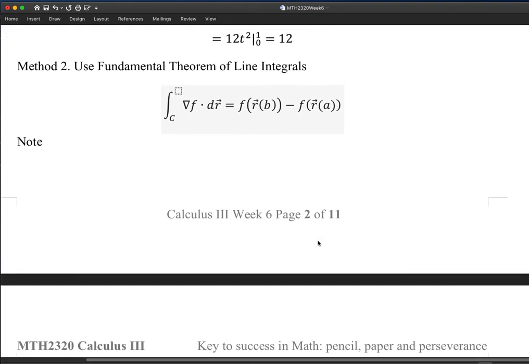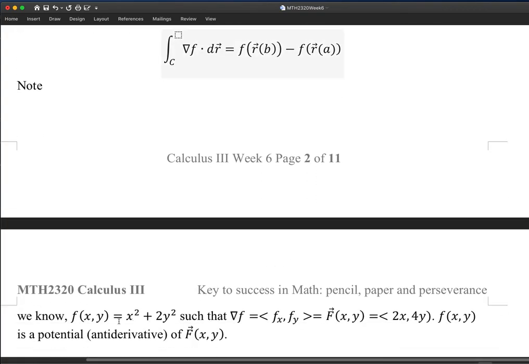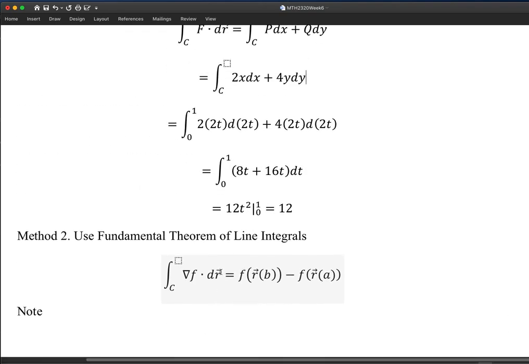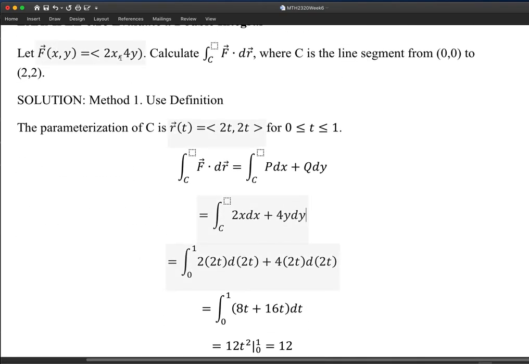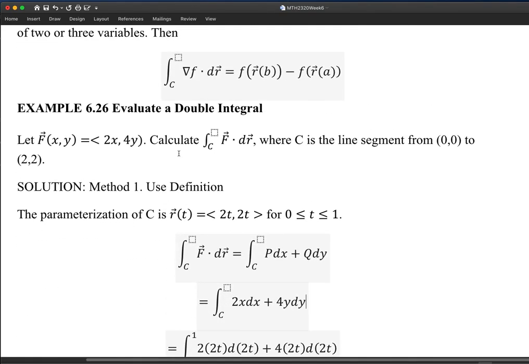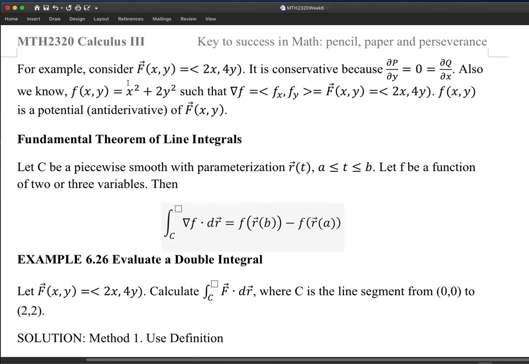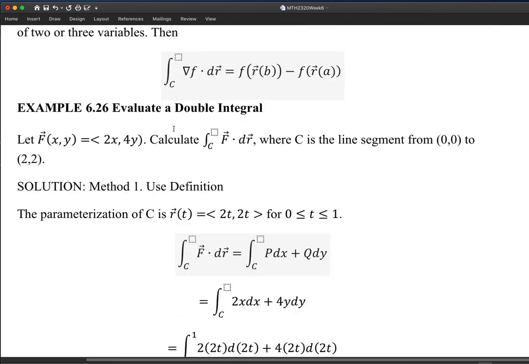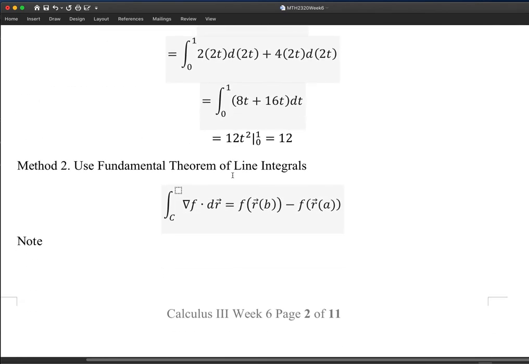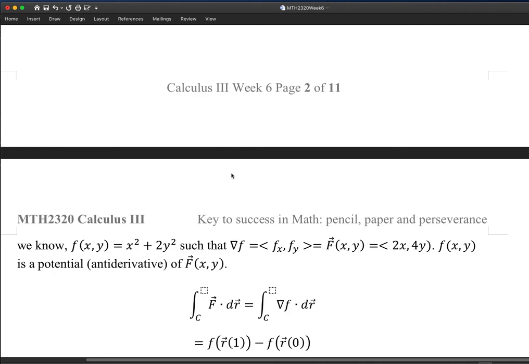The vector field, which we just covered earlier, is 2x plus 4y, and I suppose you still remember the potential is x squared plus 2y squared. So the potential is given too. And I hope you agree with me, the calculation turns out to be a lot easier, right?